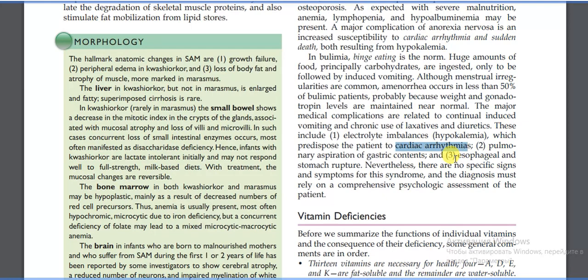There are no specific signs and symptoms for the syndrome, and the diagnosis must rely on a comprehensive psychological assessment of the patient. Of course, these are psychiatric diseases, and they should be treated in a psychiatry station.